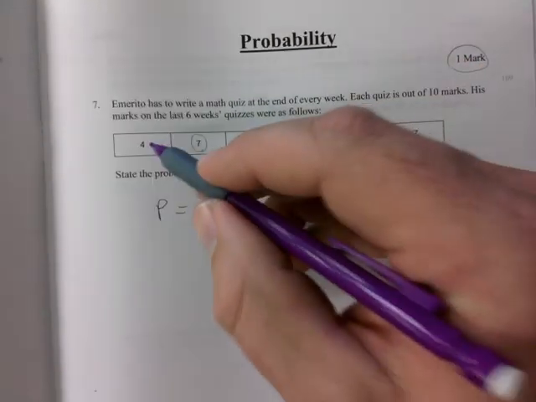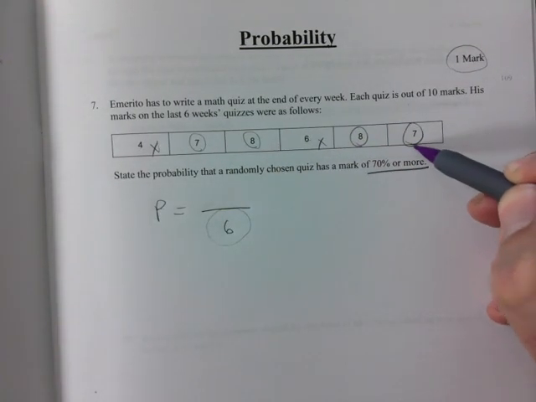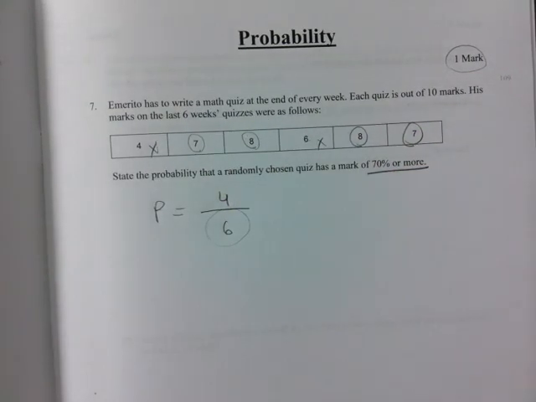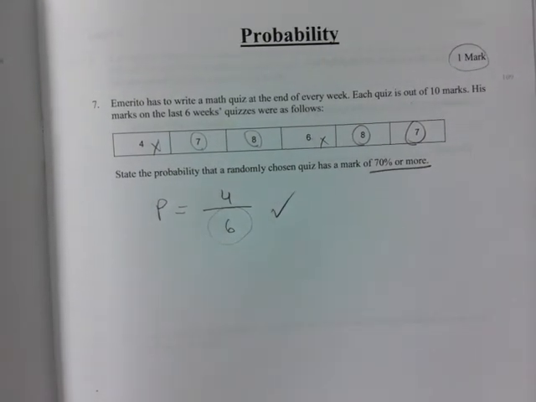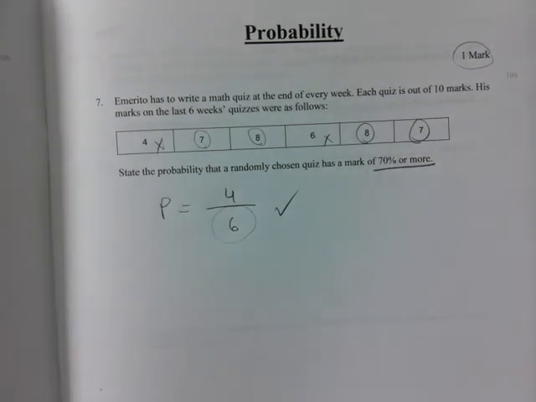So this one is not good. You're 40%. This is 80%. This is 70%. So 1, 2, 3, 4. 4 out of 6 is going to be your answer there. You're done. Don't reduce it. Don't turn it into a decimal. You just leave it like that.